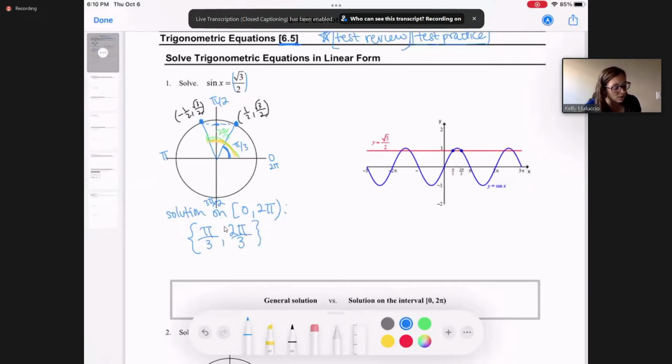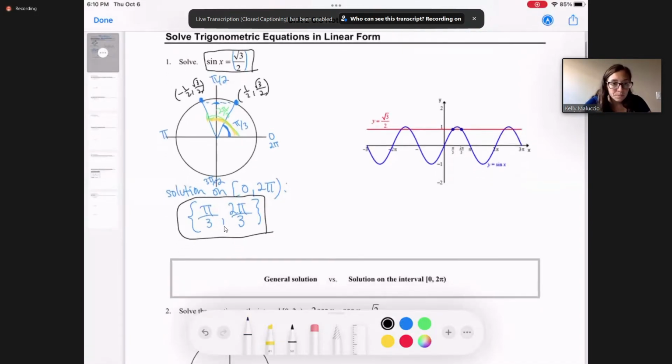Okay, so this is our solution set for sine of x is √3/2. Now, if I graphed sine x, here's the graph, y equals sine x.